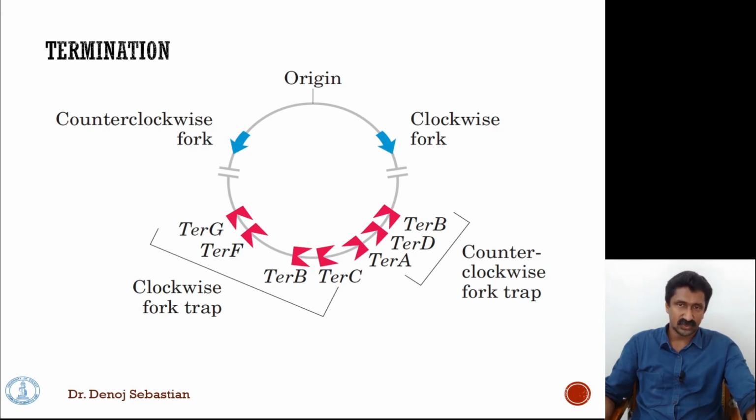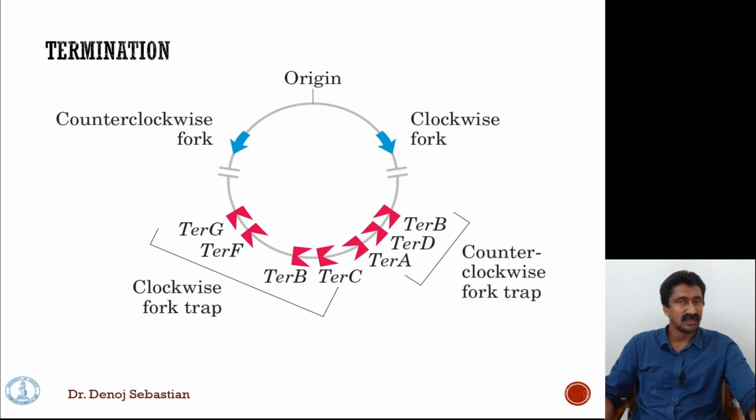But these two termination sequence sets are arranged in two directions, that is, a clockwise and a counterclockwise trap. So the clockwise fork will end here, and the counterclockwise fork will end here, so that both the strands, including this region, will be copied. This will copy up to this one, and this will copy up to this region.